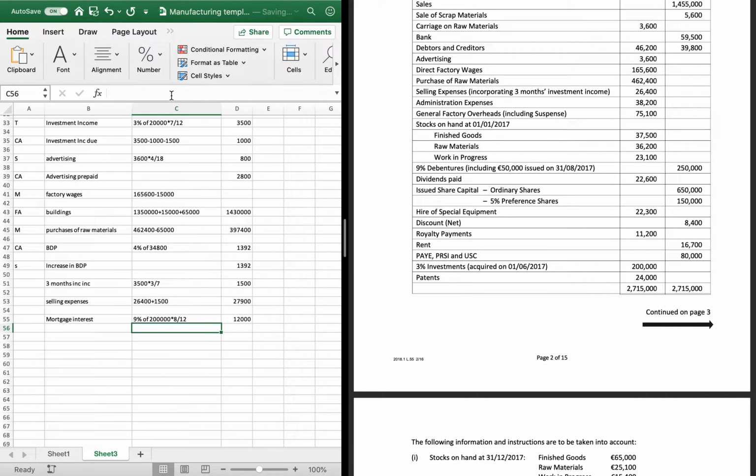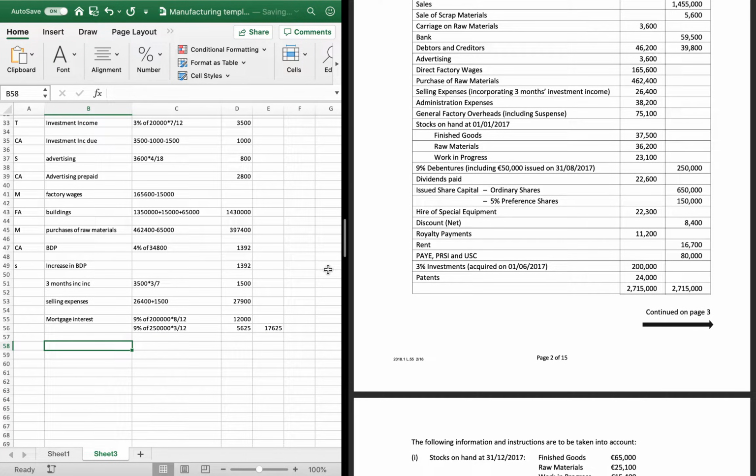And then for the remaining 3 months of the year, you have 250,000, which is not that much, which is 5,625. So that's 17,625. Now you'd have to assume there's no mortgage interest paid here, so all of that is due.